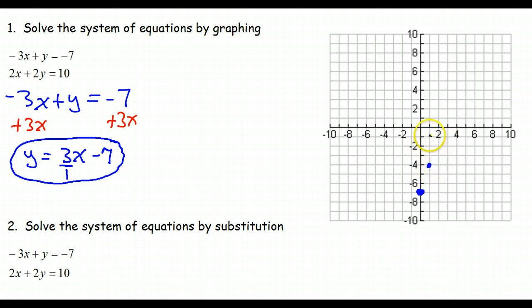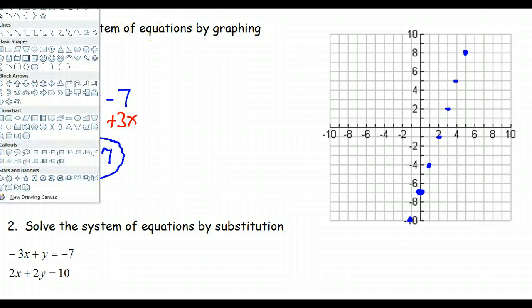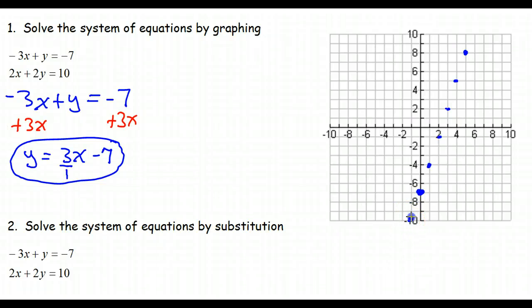And I can keep doing that. Up 3, right 1. Again and again. I can even put 1 point going to the left by going down 3, left 1, like that. Okay, so these dots show me where the line is going to be, and I will go ahead and connect those dots by drawing a straight line through them.